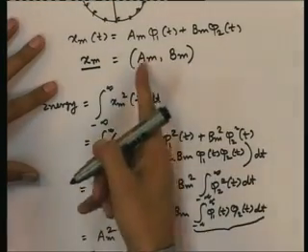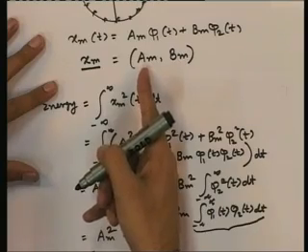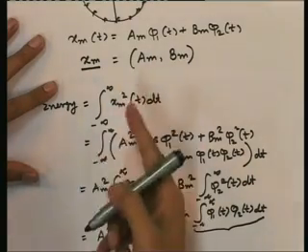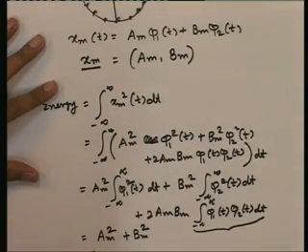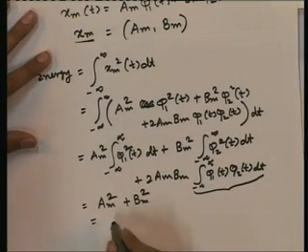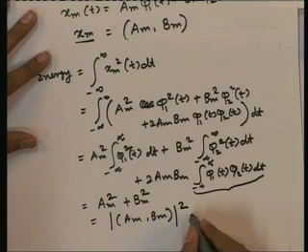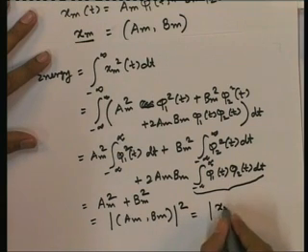Xm is this. What is the length of this vector from 0 to this distance? That is root over am square plus bm square, and this energy is the square of that. So, this vector's length square can be written as the length of xm squared.